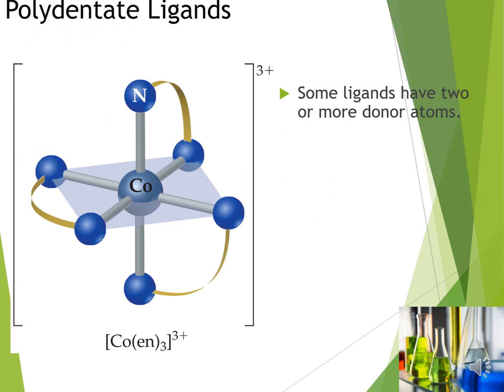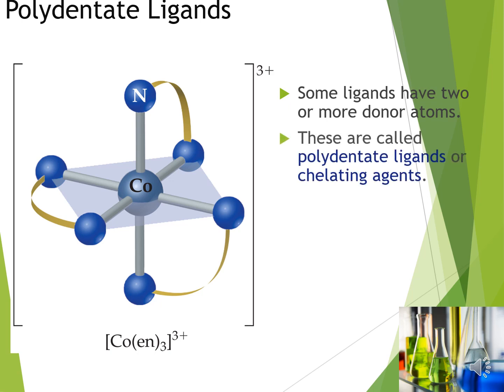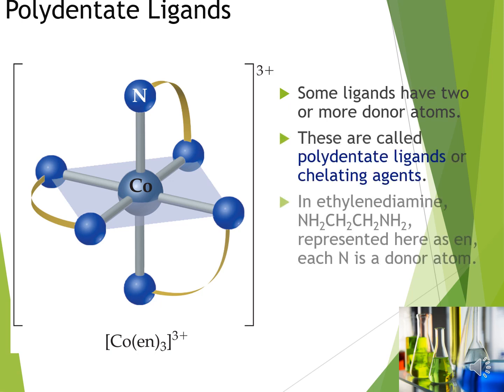Next is the polydentate ligands. One molecule of a polydentate ligand forms more than one metal-ligand bond with the central metal atom. Some ligands have two or more donor atoms. These are called polydentate ligands or chelating agents.